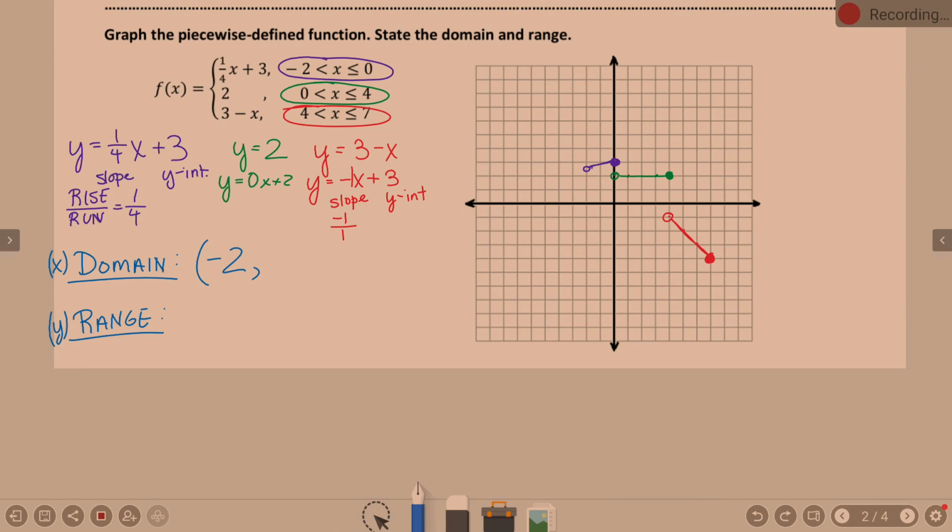Yeah. 4 is included here, and this graph goes up to 7. So your domain this time can be listed all at once, because as I moved across, it always connected, right? No gaps. -2 to 0, 0 to 4, 4 to 7. And what'd you put on 7? A bracket, because it's equal to.